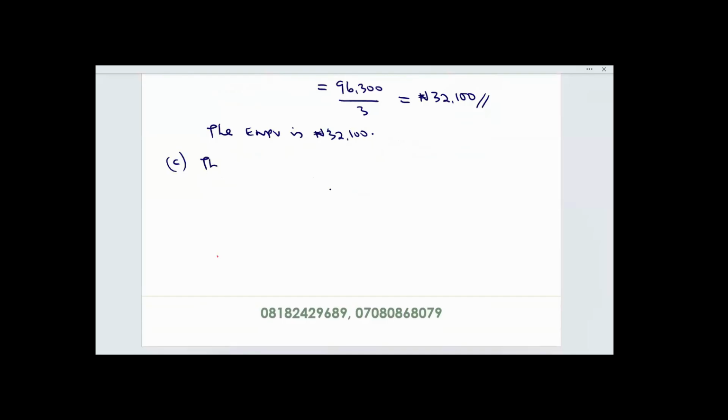The expected NPV calculated in A above is 38,409, and that of B is 32,100.